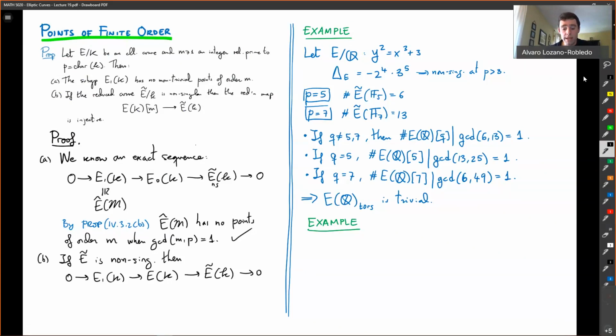But then the M torsion in particular would map into the points of the reduction.